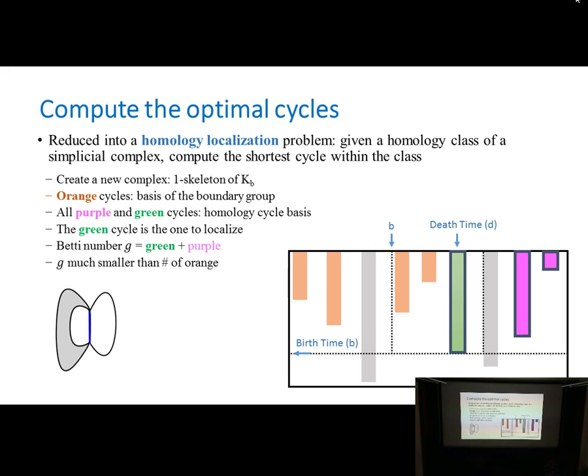And then all we care about is the particular class that's represented by the green one, and then we just localize it. And then everything is solved, right? Exactly the 1D homology localization problem. What do you mean by localizing? Localizing meaning finding, among all the cycles belonging to the same class, the shortest one. Right? So somehow the shrinking effect, meaning localize exactly where it is.